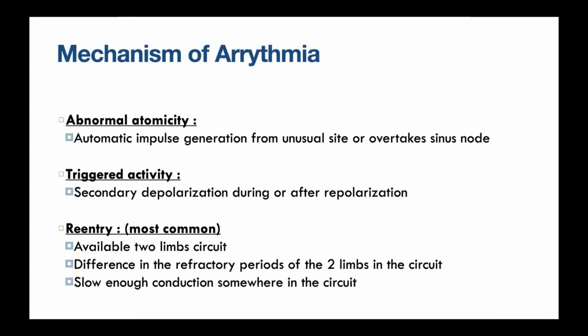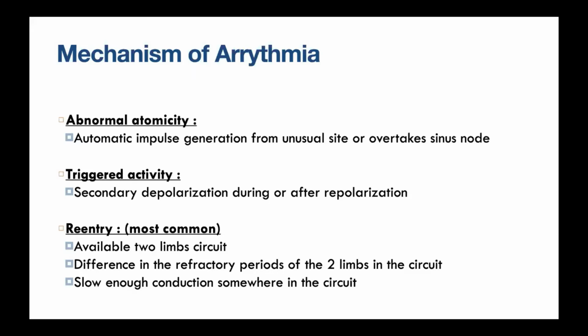These mechanisms can also give you a clue about the tachycardia itself. Usually reentry tachycardia has an abrupt onset and abrupt offset, like the AVNRT, for example. It stops immediately and starts immediately, and doesn't slow down, unlike atrial tachycardia, where the heart rate starts going up gradually, and when it stops, it goes down gradually.